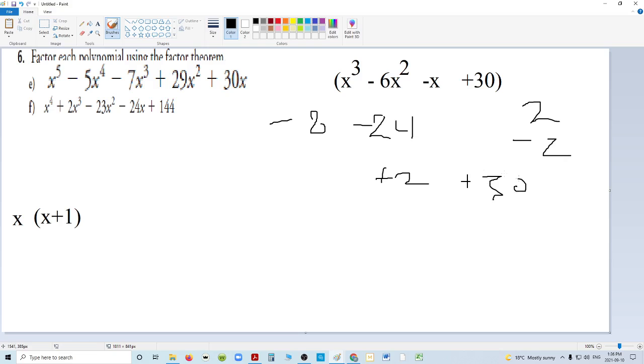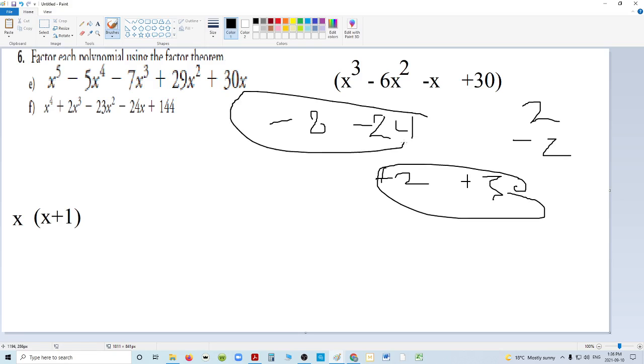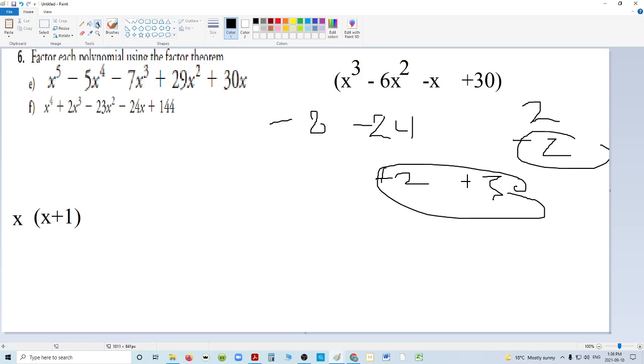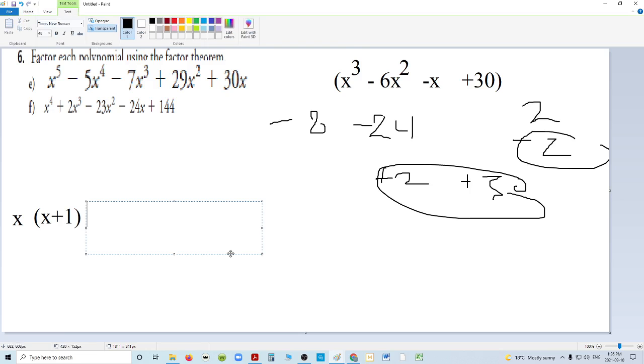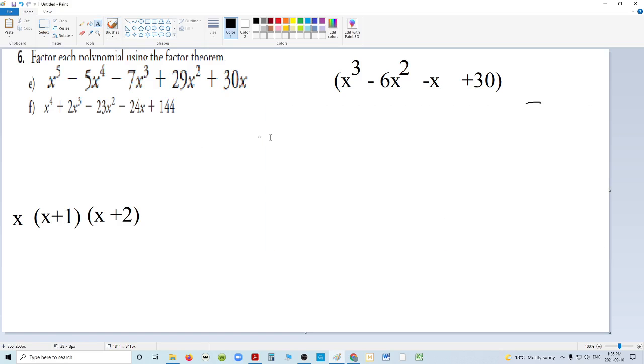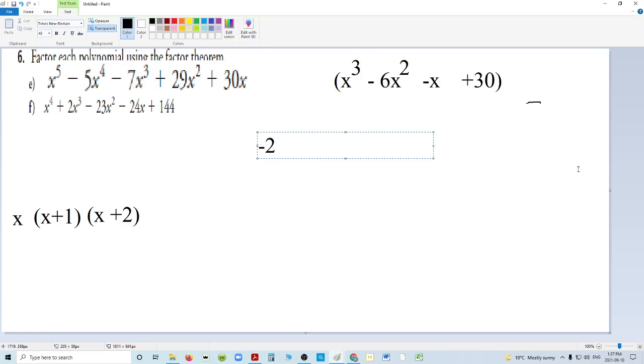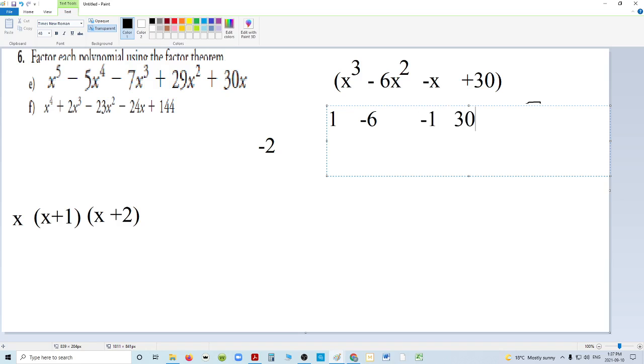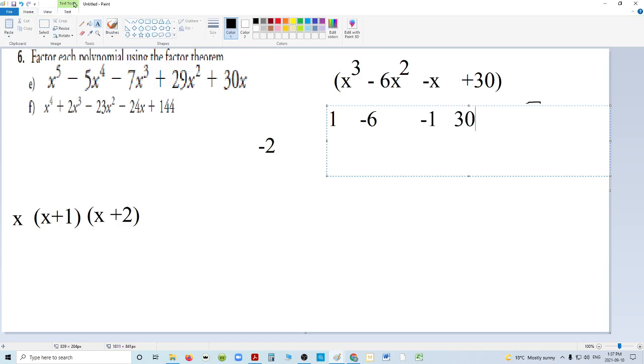Oh, look at that. Plus 30, plus 2, 32, minus 8, minus 24. So it's indeed minus 2, which means my new factor is going to be x plus 2. And then I simply take my minus 2, put it here, and write down my coefficients to this polynomial. Do my little reverse box.